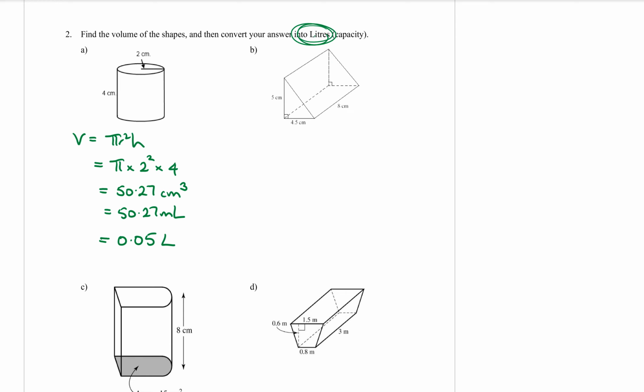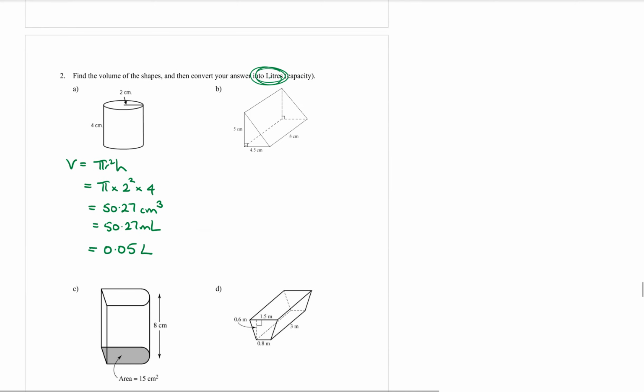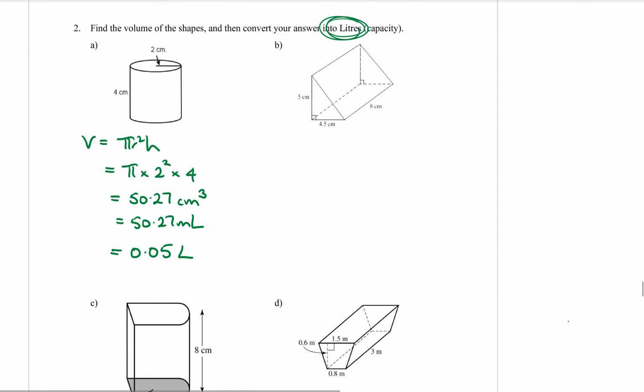Let's do part B. It is a triangular prism. So I'm going to need to use the formula V is equal to AH. Now, because this is a prism, first of all, I need to find the A. The A is the area of the shape that is at the front and the back of the prism.